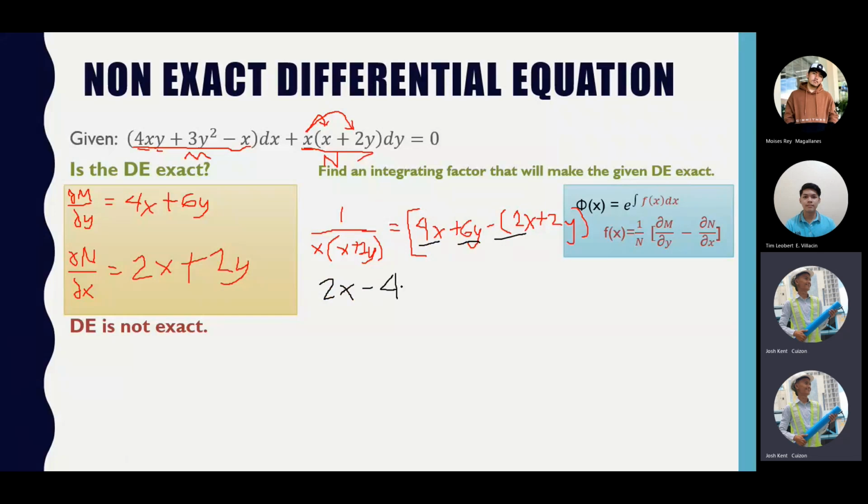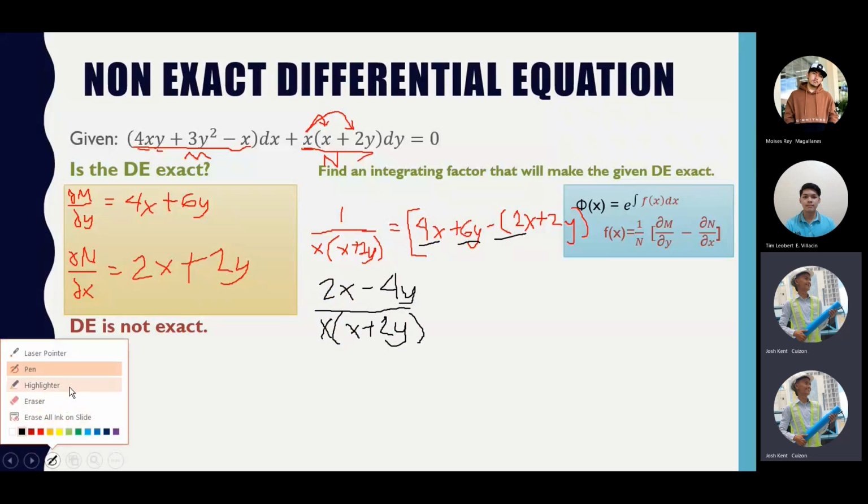Correct? So, all over x times x plus 2y.